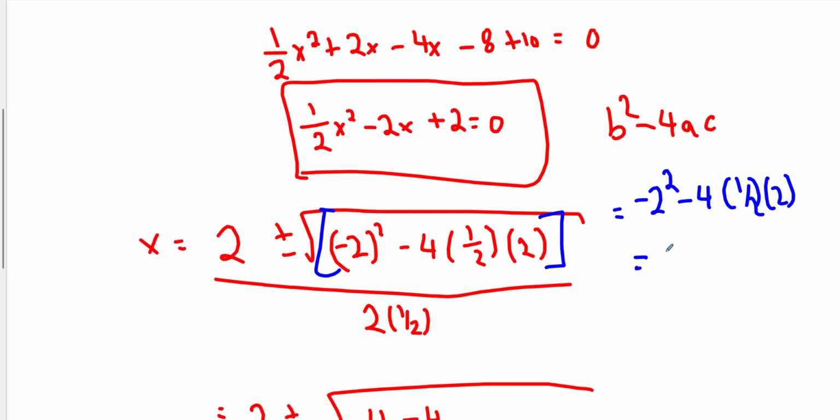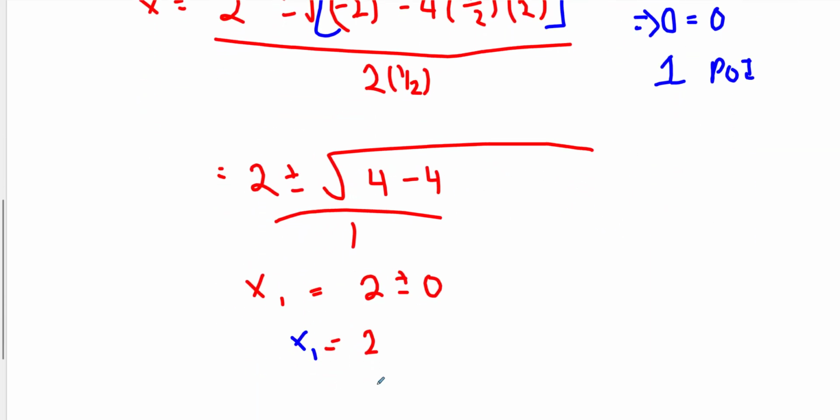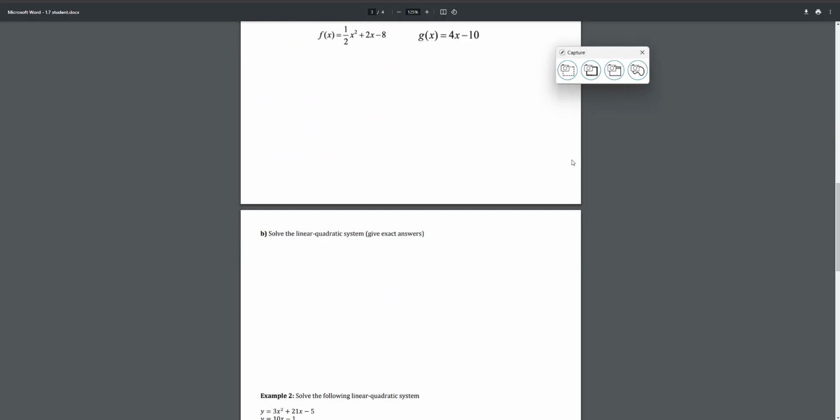And if you do that, that's equal to 0. And since the discriminant is equal to 0, we know that there's only one point of intersection. But the quadratic formula tells us what the actual point is. So it doesn't hurt to do extra, but just so you know, if you wanted to be quicker, you don't have to do that full point.